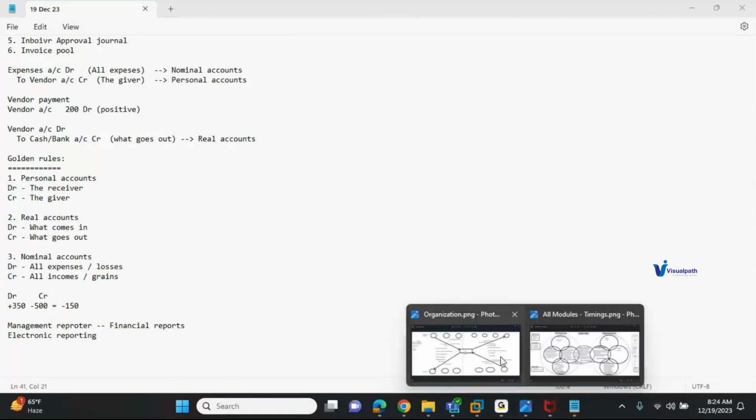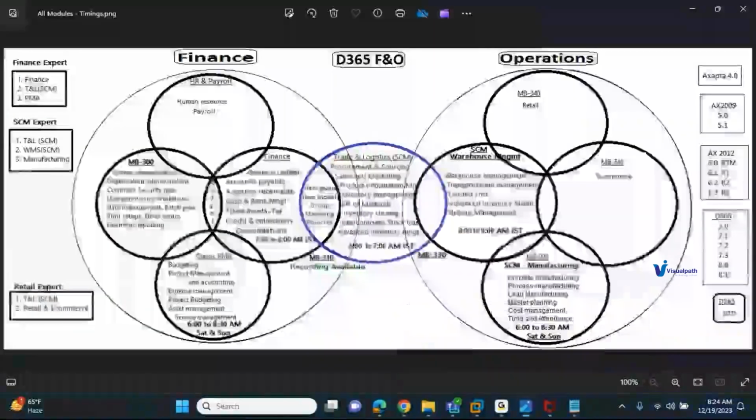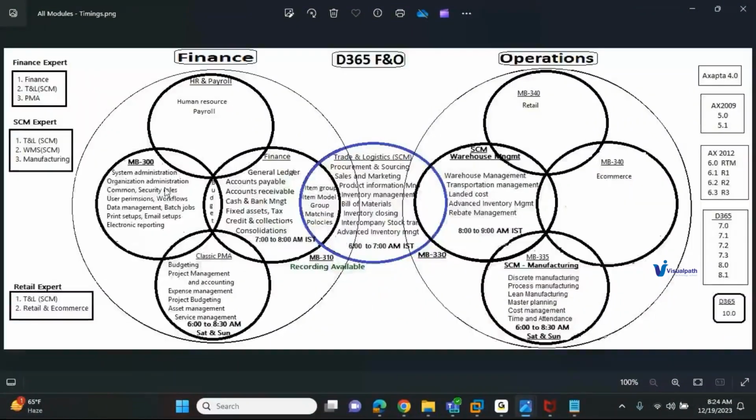Some people will give you promises, but that is a different scenario. Look at this: system administration, organization administration, common security roles, user permissions, workflows, data management, batch jobs. All these are MB300. I can only give you a high level picture, and I don't want to give you wrong promises.